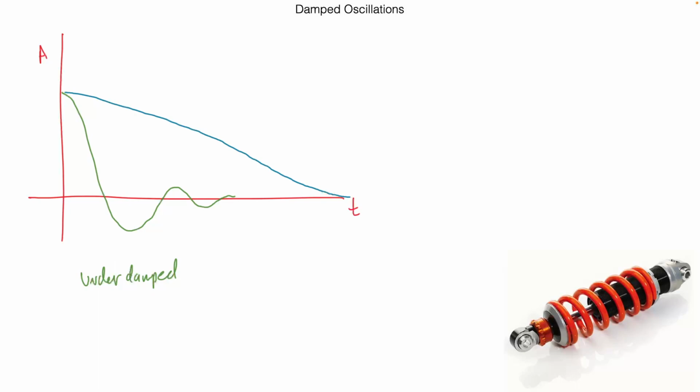You pull it down, you let go, and the mass just kind of slowly creeps back. There's so much damping that the spring can pull it through, but it gives up. That's the overdamped case.